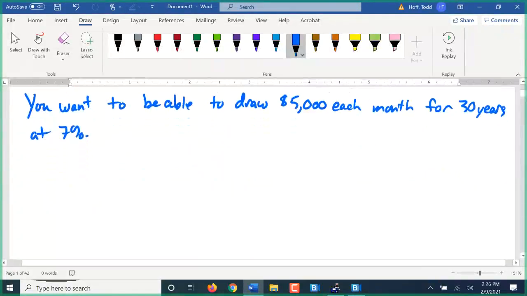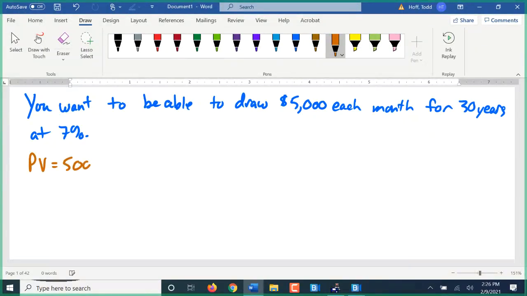So to find the amount of money you need to do that, to figure out what that present value has to be, taking that regular payment of $5,000 times, open parentheses, 1 plus 7% is 0.07, still monthly, so divide by 12.